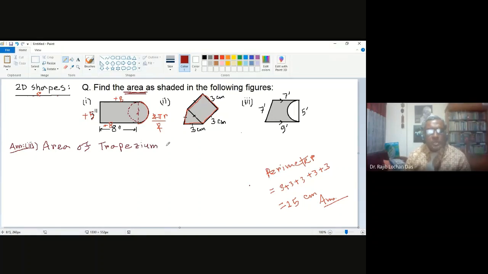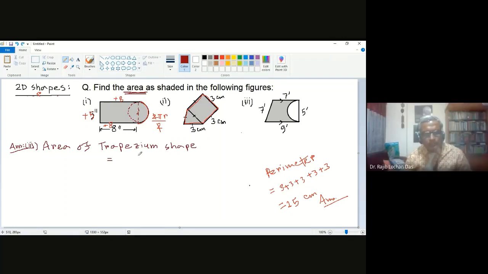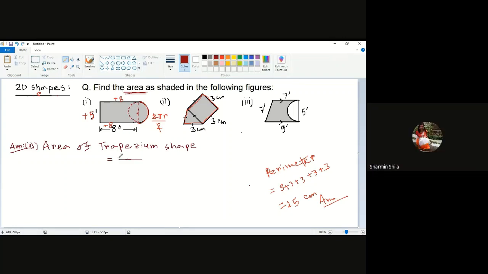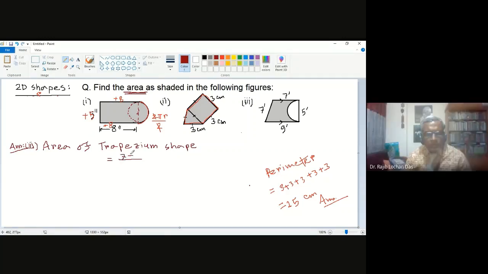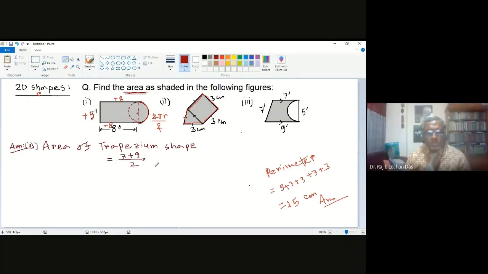The formula is half into A plus B. So what is A, what is B? 7 and 9, 7 plus 9. Which 7 are we taking here, the left side or upper side? Upper side. Okay, be careful. This 7 is not the left side 7. It is actually the upper side.